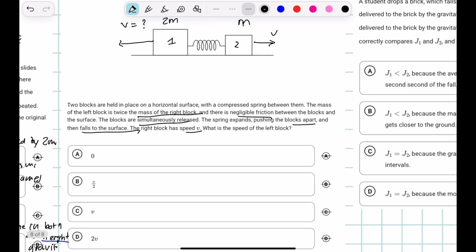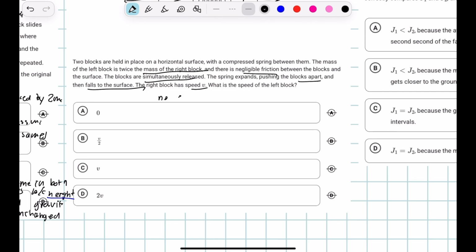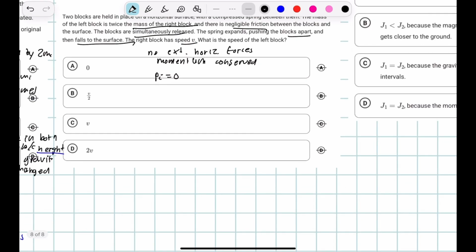You can see that there are no external horizontal forces, so we can conclude that the momentum is conserved. And when the momentum is conserved, we can write P initial is equal to 0. And from that we can write that PF is equal to, and we have to define the left block.